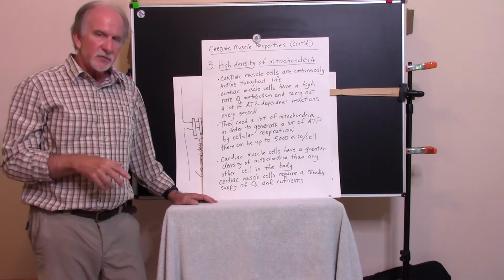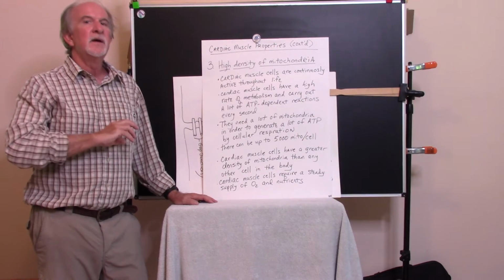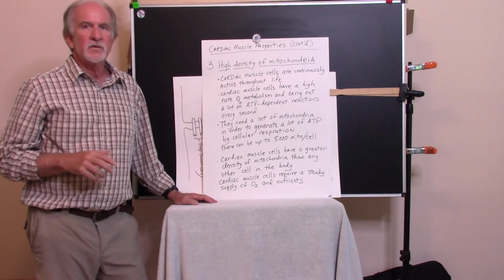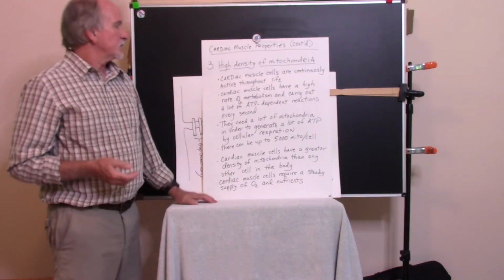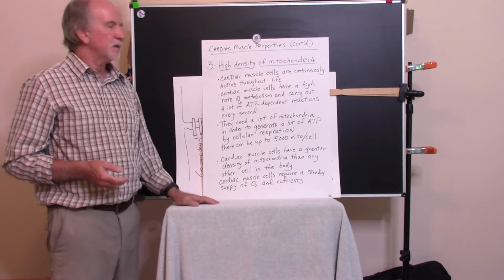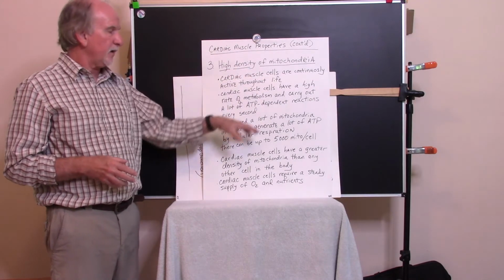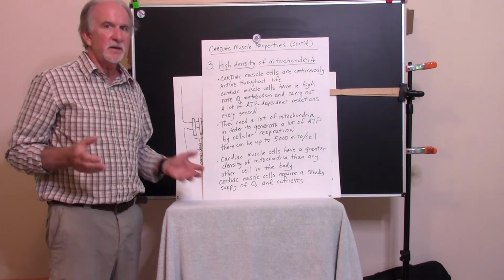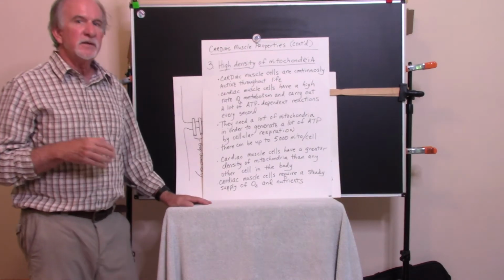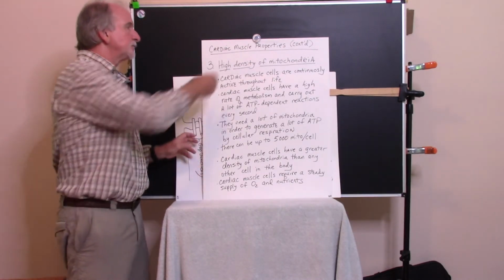It has to beat continuously all the time, without fail, or the consequence would be death. So cardiac muscle cells have a lot of mitochondria in order to generate a lot of ATP that's required for the contraction of these cells.